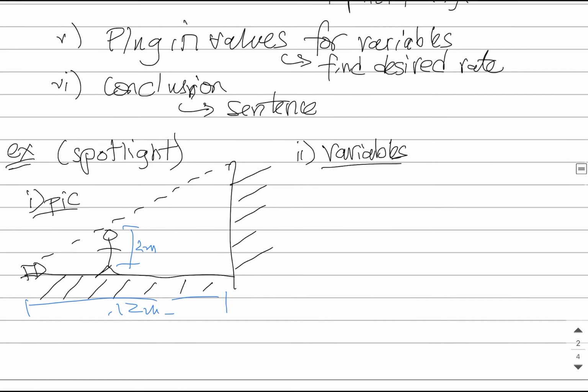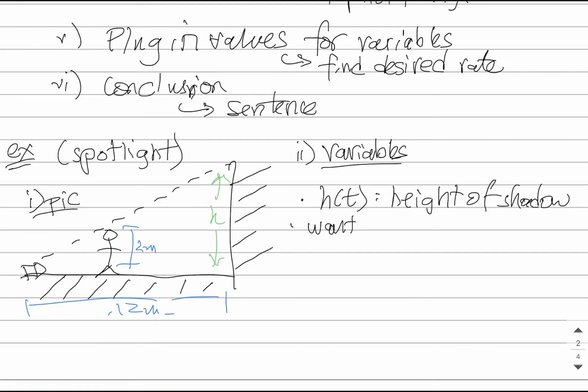And in this problem, we are interested in something called h of t, which is going to be the height of our shadow. So the height of our shadow is the variable we're interested in. And in terms of our picture, there's h. We want h prime of t. This is what we are looking for.